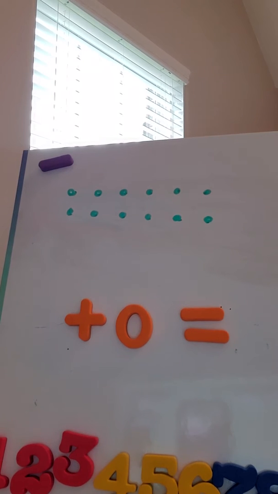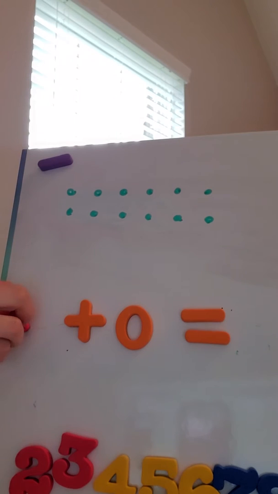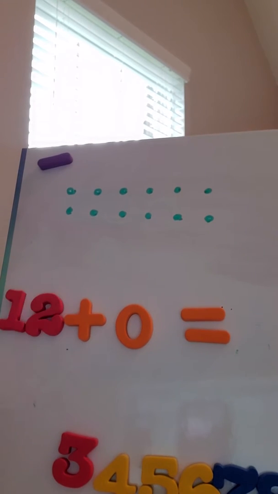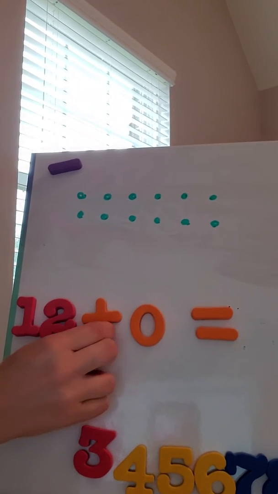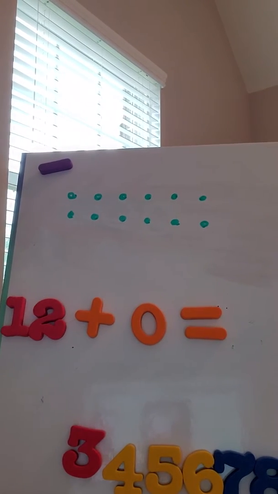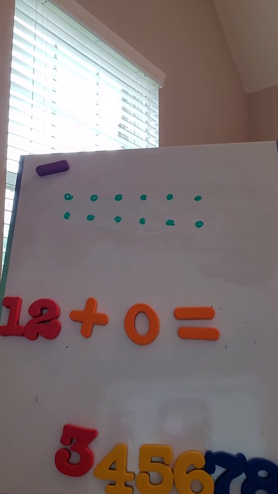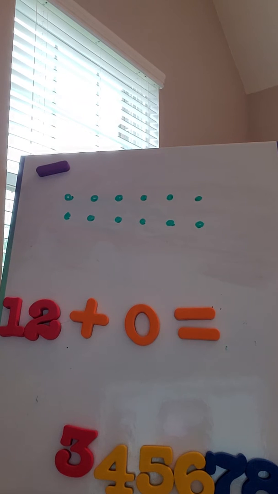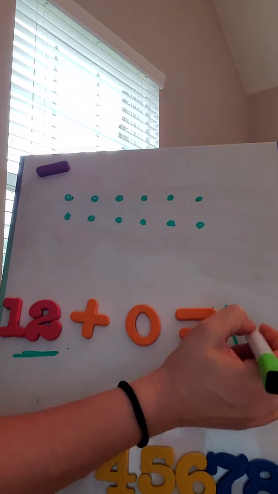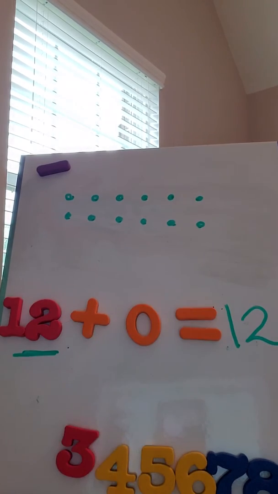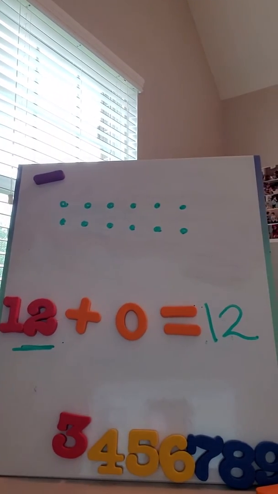If I have 12 dots, a 1 and a 2 makes it 12, and I add 0 dots more, how many dots will I have? Well, let's see. If I add 0, I'm not going to be coloring any more dots. So I have the same amount that I started with here. So my answer would be 12. Okay? It's the same exact amount.